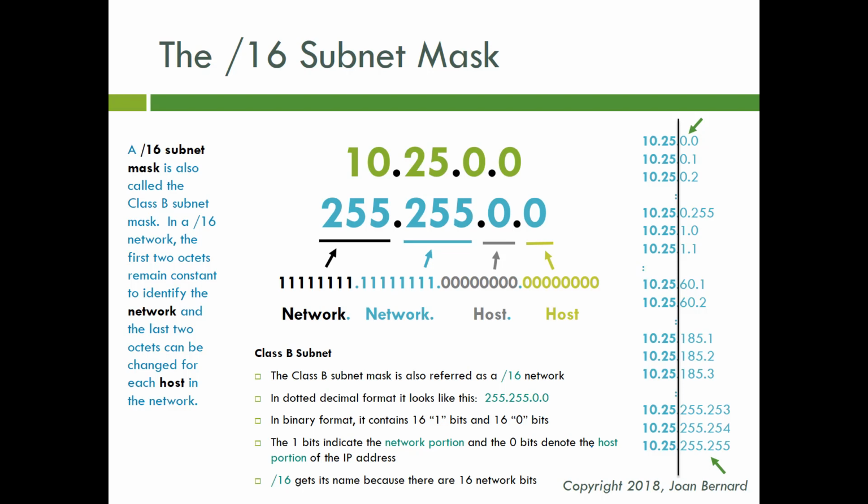In a /16 network, the third and fourth octets begin as 0.0 and end with the last IP address, 255.255. Believe it or not, if I listed every IP address in this network, there would be over 65,000 IP addresses.